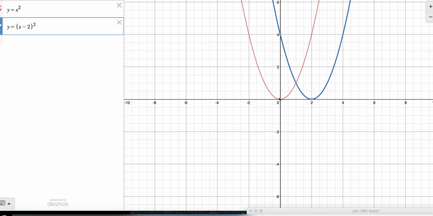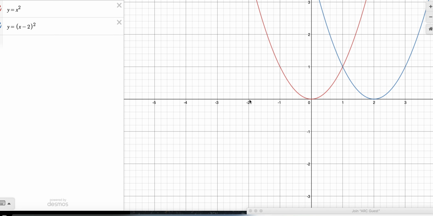I'm subtracting 2, and most people say that if I subtract, I'm going to go left. That's not the case when you're translating horizontally. You're always going to move in the opposite direction. So even though I'm subtracting 2 and my mind says minus 2 is left, it's actually 2 units to the right.